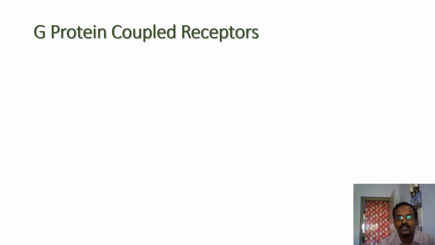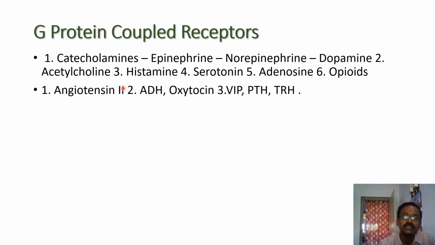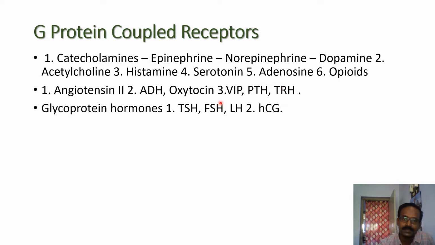The hormones and chemicals act through the G protein coupled receptors. Catecholamines like epinephrine, norepinephrine, dopamine, acetylcholine, histamine, serotonin, adenosine, and opioids act through G protein coupled receptors. And angiotensin II, antidiuretic hormone, oxytocin, vasoactive intestinal peptide, parathyroid hormone, thyrotropin releasing hormone also act through G protein coupled receptors.